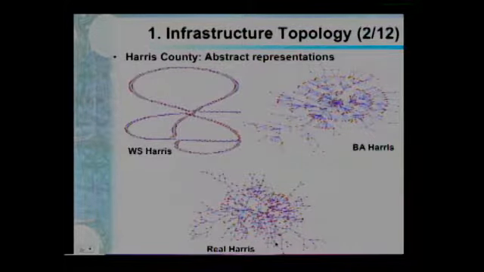So ideally, we have on the one hand the regular, and on the other hand, the one that has a dominating hub. The real Harris is down here, and this figure is just a visualization, so it doesn't conform with the boundaries of the county, but it's just to show nodes not overlapping with each other. We see visually that there are striking differences between them. And how can we start measuring or quantifying those differences?